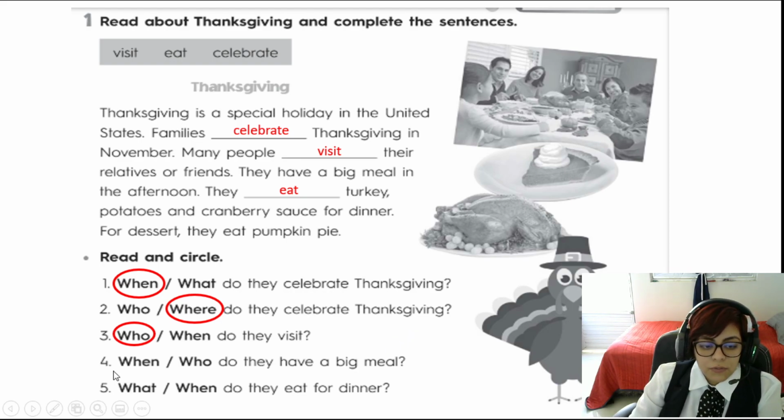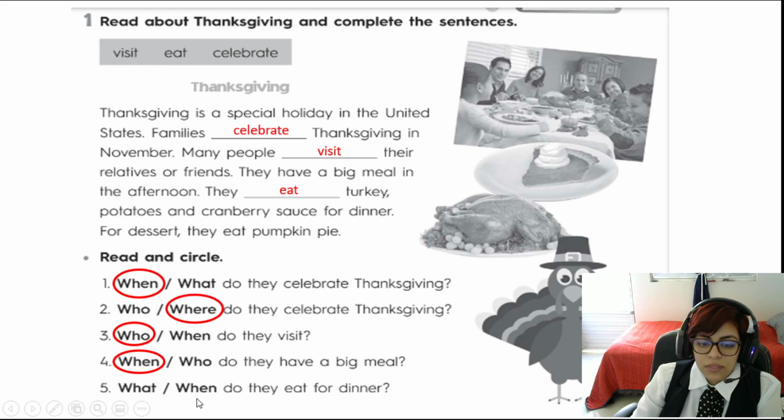For the number 4, we have when do they have a big meal, or who do they have a big meal? If we have they here, are we going to use who? No, we're going to use when. When do they have a big meal? And what do they eat for dinner?